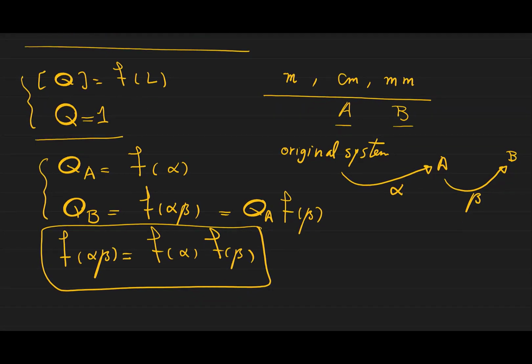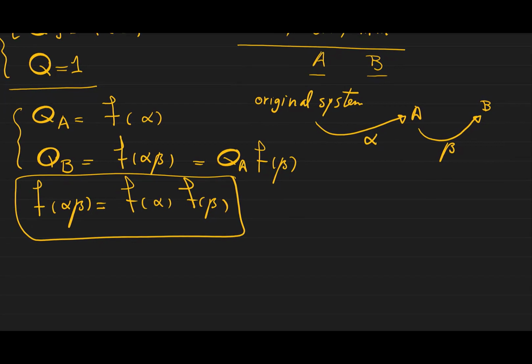We should solve this equation to obtain the functional dependence of f on its argument. If we assume the function f is continuous, we can prove that it should be a power law function of its variable. Means f of alpha is alpha to the power something.